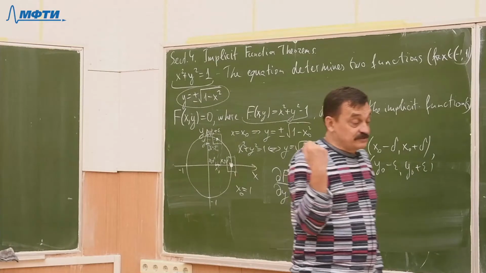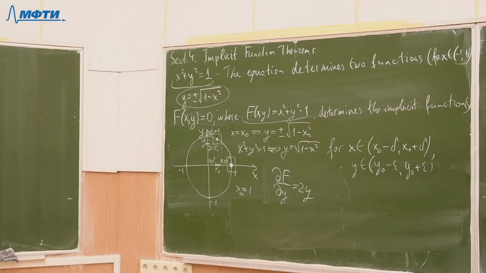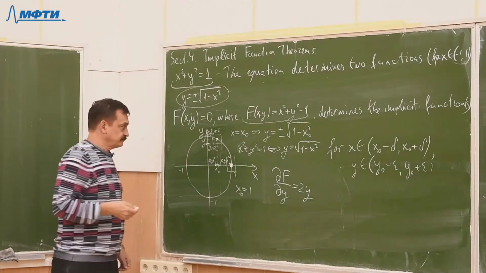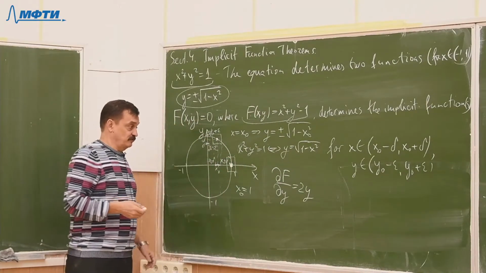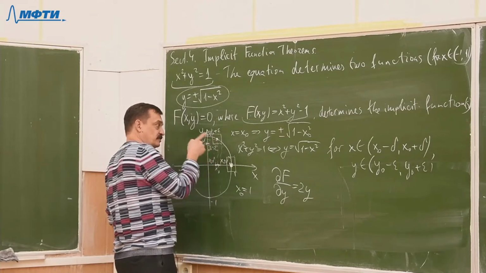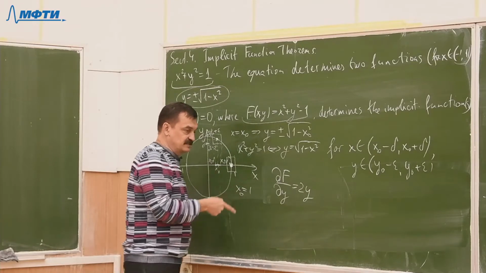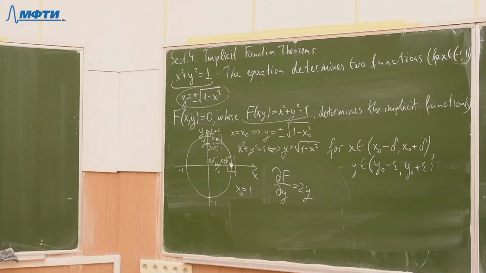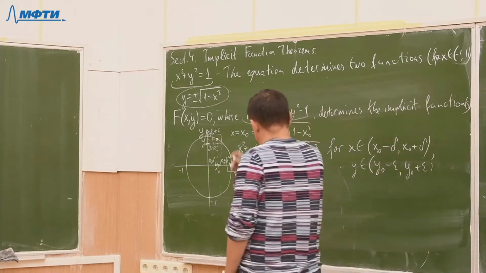Of course, that is a very elementary example when you solve everything explicitly, but the phenomenon is very general in fact. If the partial derivative is not 0, then you can solve. If it is 0, in general you cannot. Of course, there are also exclusions when you still can solve, but that's another story.